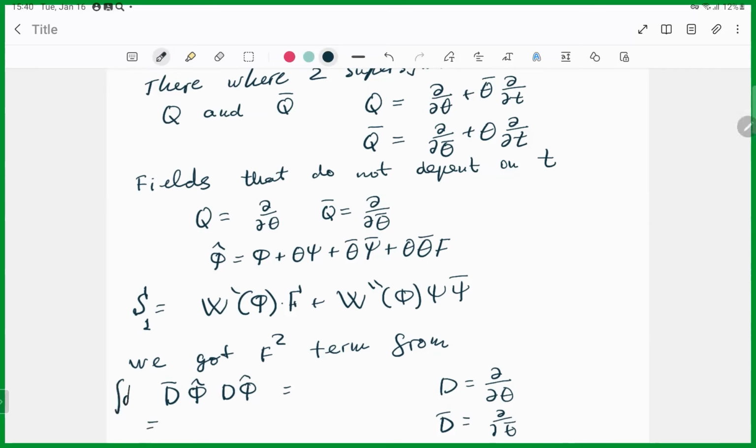And here we have d2 theta. So the only term that we have here is f squared.